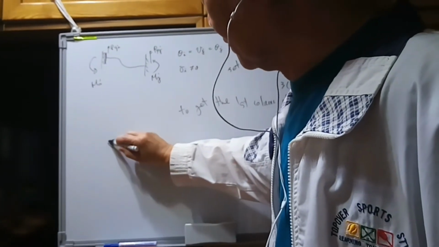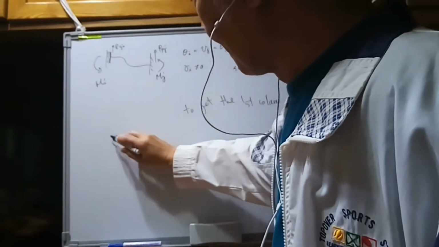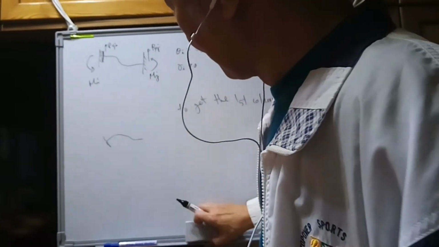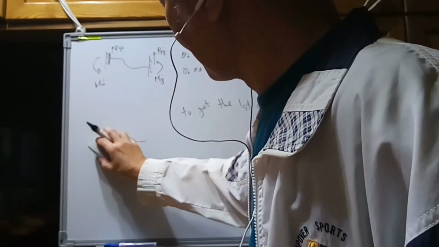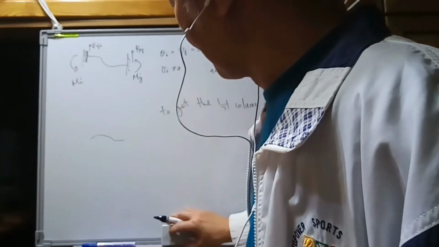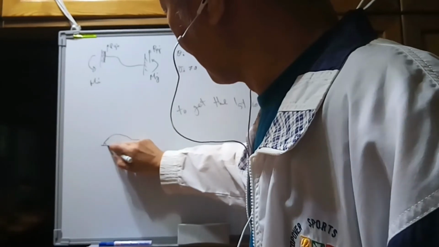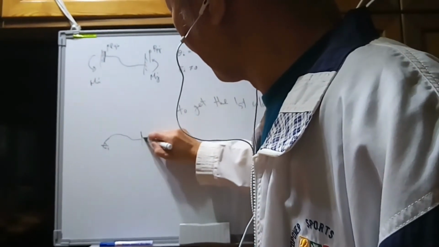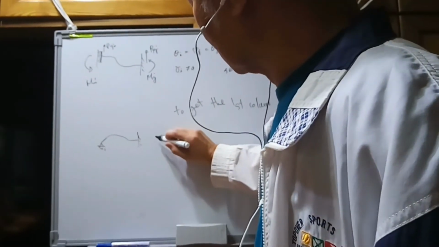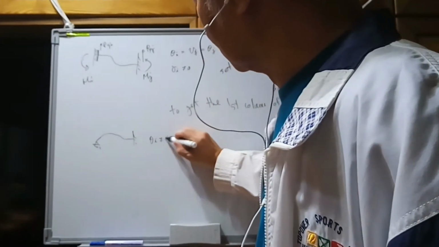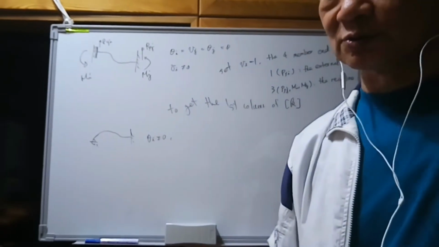For example, for this case, the theta i is non-zero, and the other three are equal to 0.